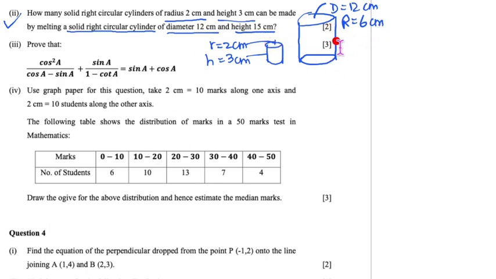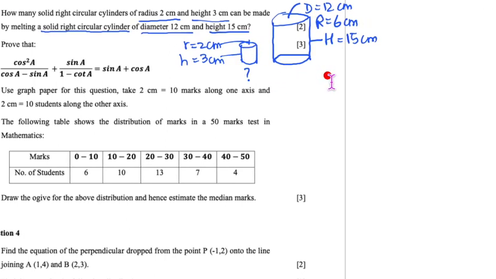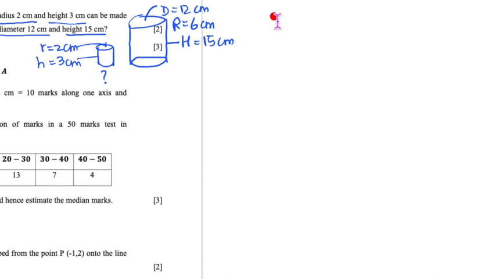And the height, we will call this capital H, and that will be 15 centimeters. Alright, and we have to find out how many of these small cylinders we can make. Now remember, the volume of the big cylinder will be equal to the volume of n such small cylinders. So let us write it down over here.